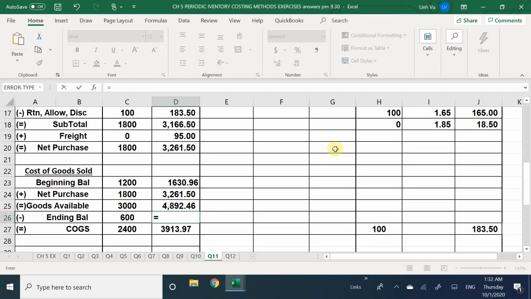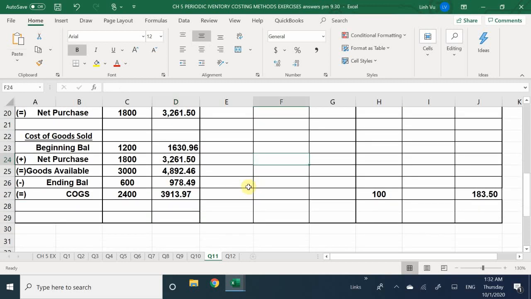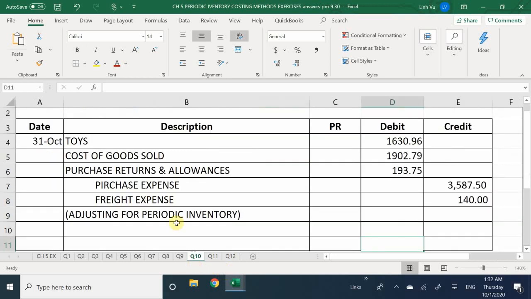Okay, which I should be able to retrieve my ending inventory as my amount of goods available, subtract my cost of goods sold, which should give me a total of $978.49.